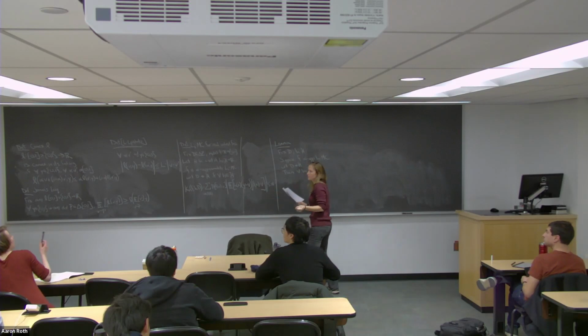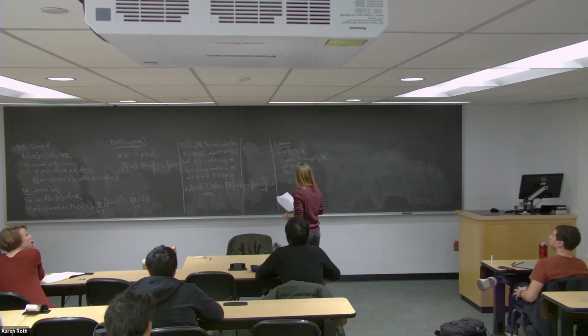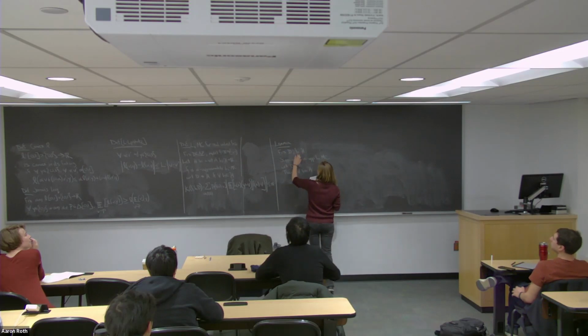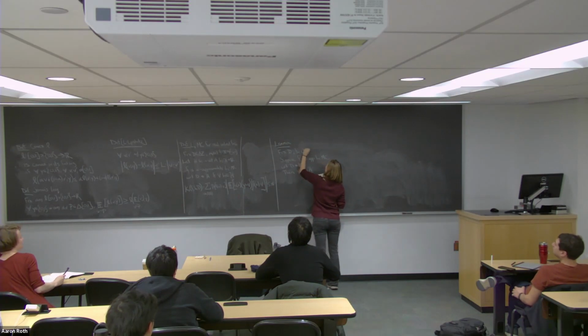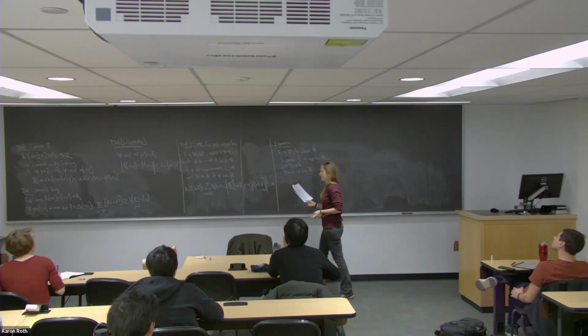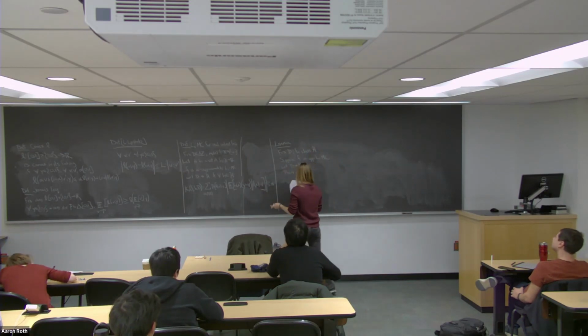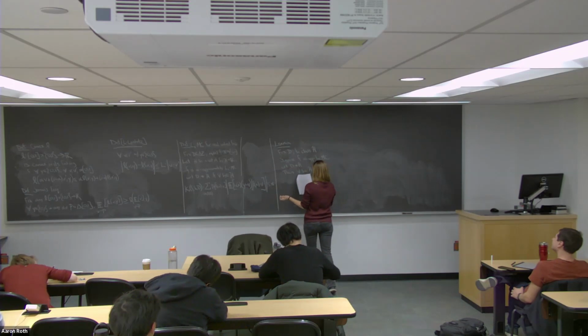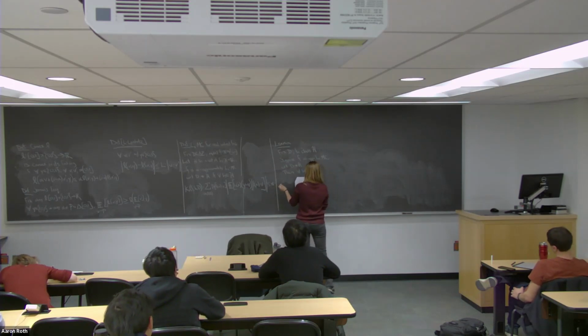Sorry, I was using this as an abbreviation. This is just the function class. So we have this function class H. Yes, thanks. Cool. Then for any H in H, it should be the case.